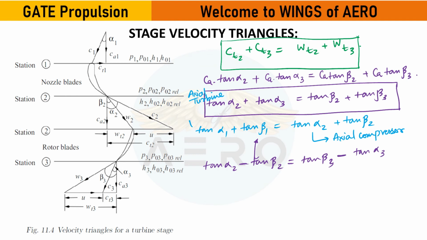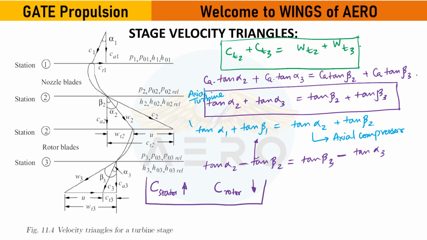So the absolute velocity when it is entering, in case of the stator, it increases, and for the rotor it decreases. Stator it increases, for the rotor it decreases, right?